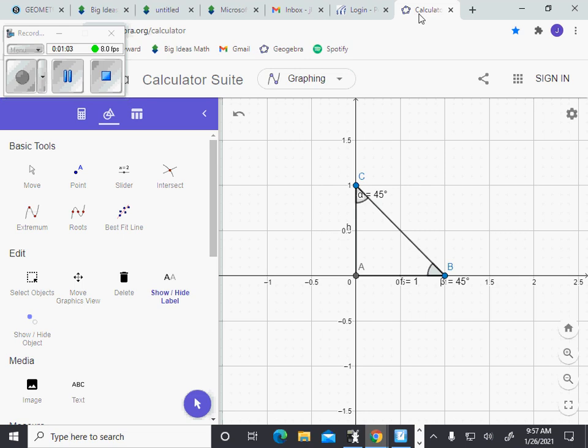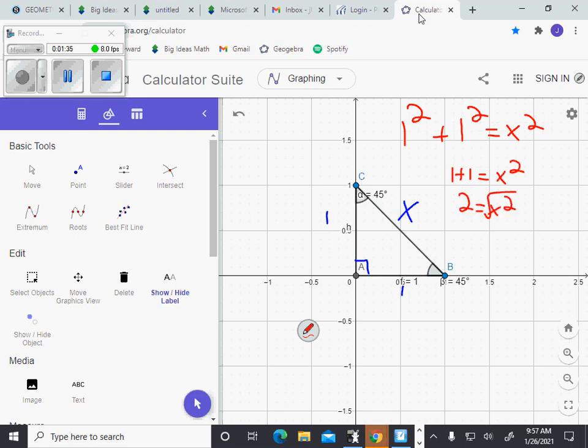Okay. Can we solve for this side over here? We can, right? If it's a 90-degree angle, this is 1 and this is 1, we can say that 1 squared plus 1 squared is going to equal x squared. 1 plus 1 is 2, that equals x squared.